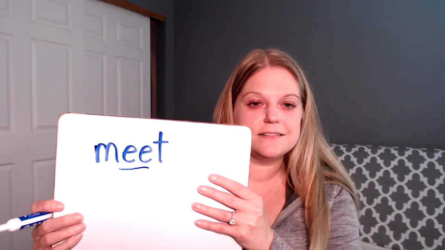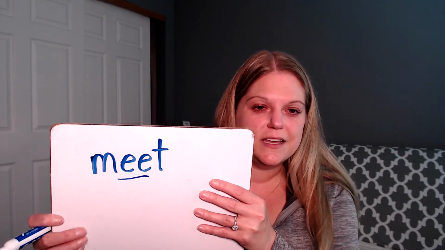So don't tell me the word. I want you to tell me what pattern or chunk you see. Yeah, if you see the E-E saying E, that's what I saw too. So when I say it, I go, eat. Oh, meat. Meat. All right.